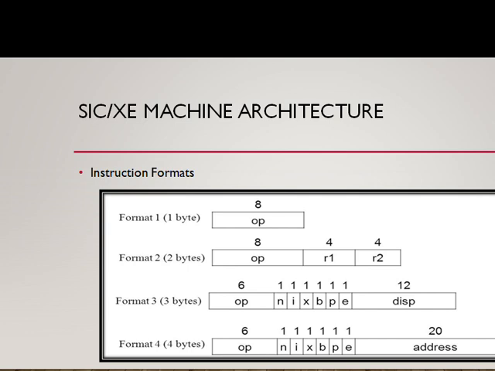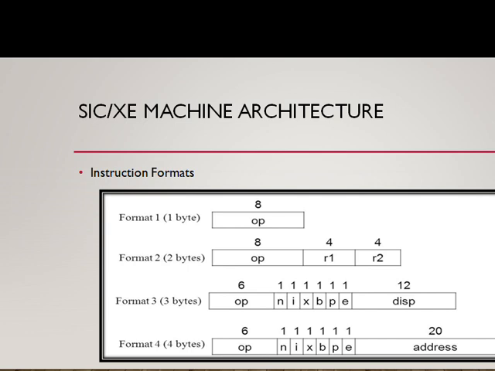Here we have 4 types of formatting which are very much used: format 1, format 2, format 3 and format 4. Format 1 is of 1 byte which consists of only the opcode. Then format 2 has opcode with 2 registers which are represented as R1 and R2.